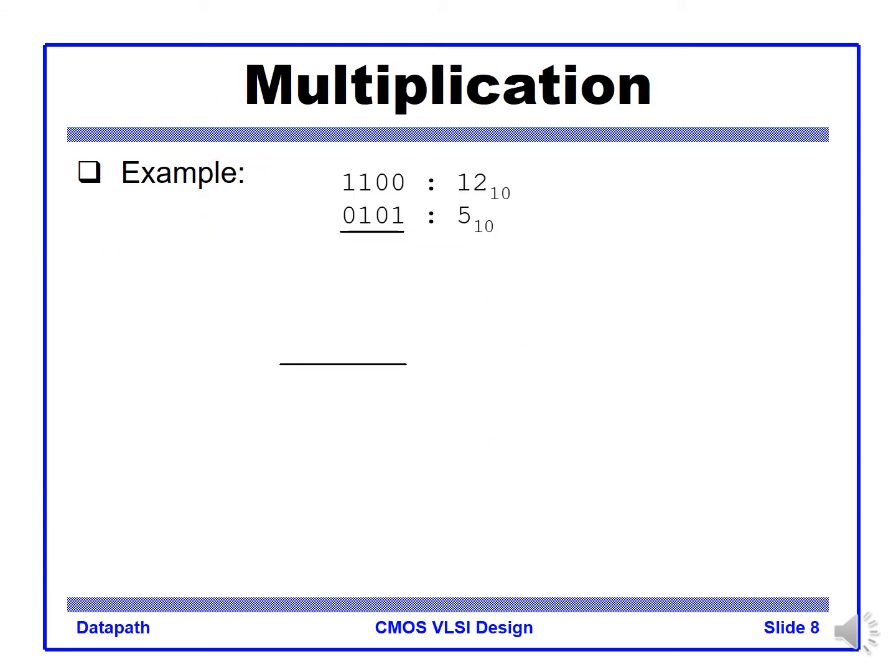This kind of carry save structure is widely used for multiplication. For example, if we want to multiply 12 by 5, 12 is represented in binary as 1100 and 5 is represented in binary as 0101. To do the multiplication, each bit starting from 1 multiplies. So we generate one partial product. This is a partial product.